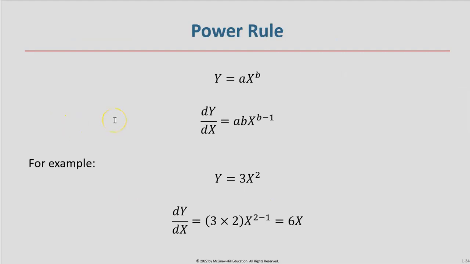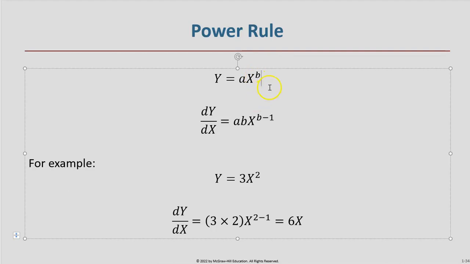The power rule is when you have a dependent variable y, and the function is equal to a number a, multiplied by another variable x raised to the power of b. The number a could be anything above zero or below zero. It can't be zero, because then a times x is going to be equal to 0. And the number b can be anything.